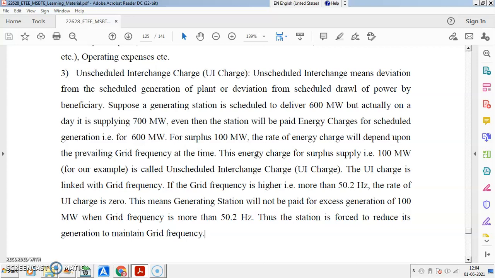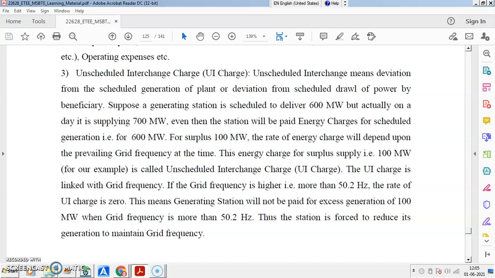On a day it is supplying 700 megawatt, even then the station will be paid energy charges for scheduled operation, either for 600 megawatt. For the surplus 100 megawatt, the rate of energy charge will depend on the prevailing grid frequency at the time. This energy charge for surplus supply, either 100 megawatt for our example, is called unscheduled interchange charge, UI charge.